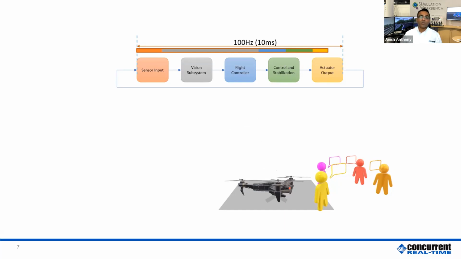Now it is more critical to meet my goal. We continue to develop and test until we can guarantee in simulation that we will meet our control loop goal every time. And that is what Red Hat Linux and Concurrent Real-Time help you achieve.